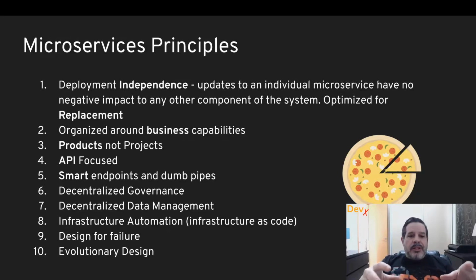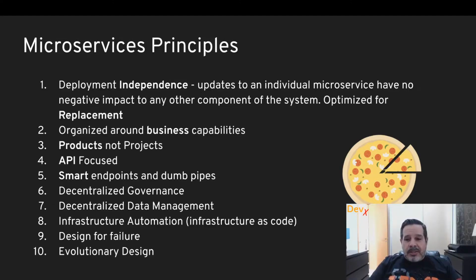We treat those APIs not as projects, but as products where we have a certain level of quality. We have customers, we have someone that will take care of this product. What else?